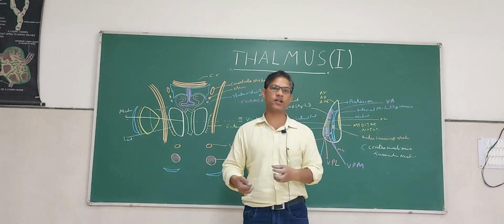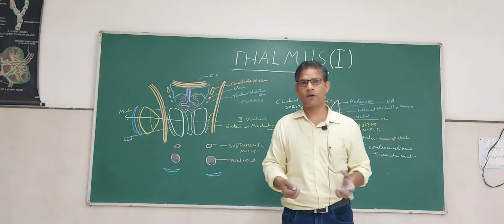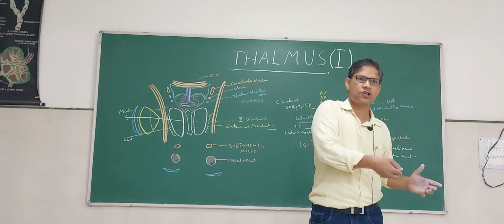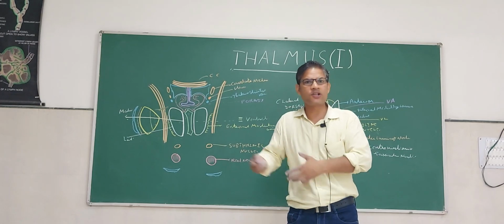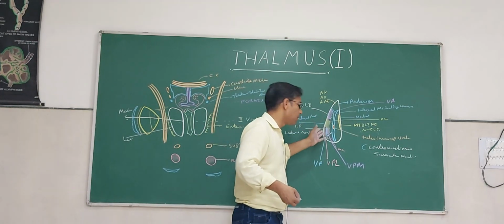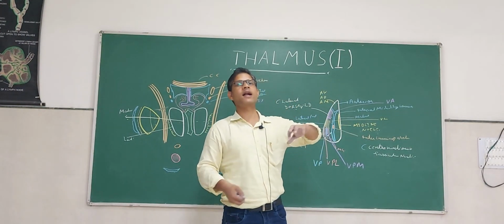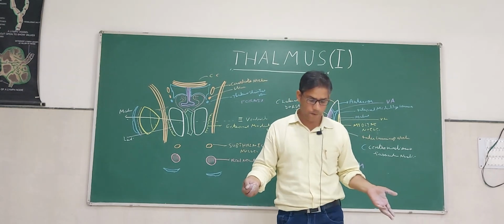They work as a relay station, like a station for buses or trains, where buses for different regions are there. Some general body sensation will come from the body to the VPL, another is going to the VPL, and the ventro-anterior nucleus is placed in a different part.